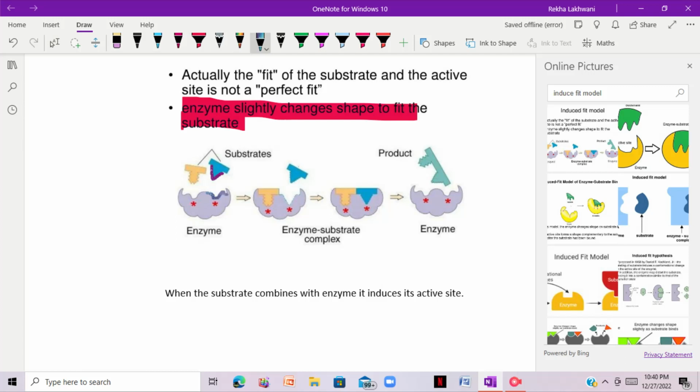It means that before and after the reaction, the active site is the same, but during the reaction, the shape is changed.